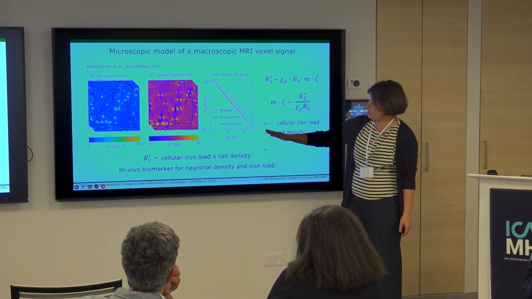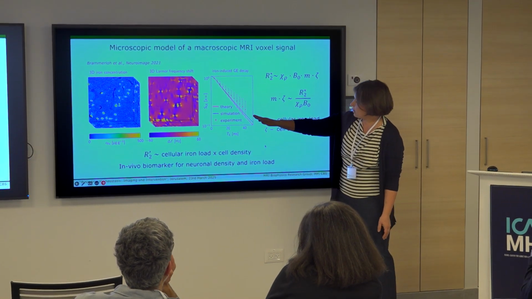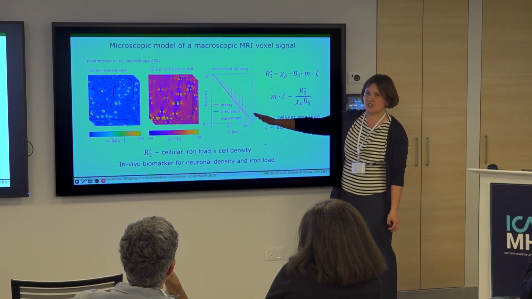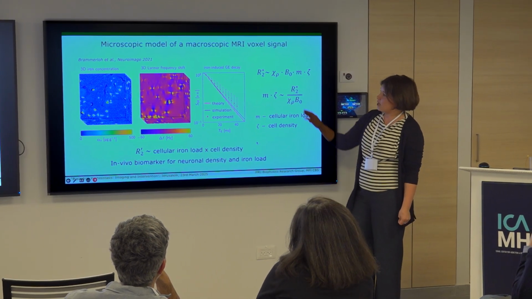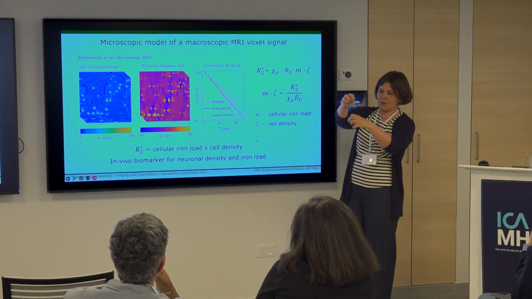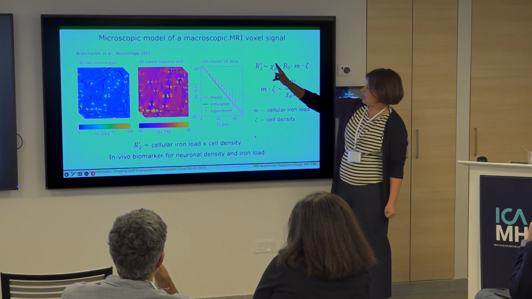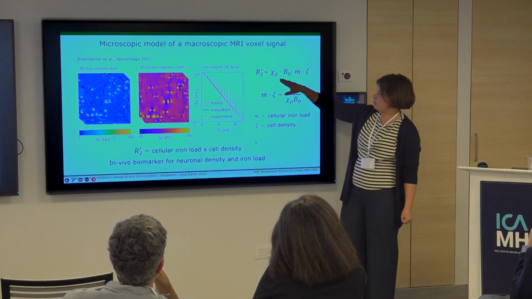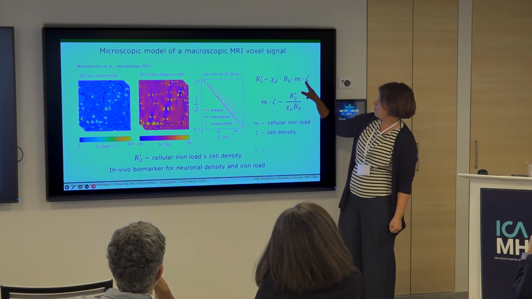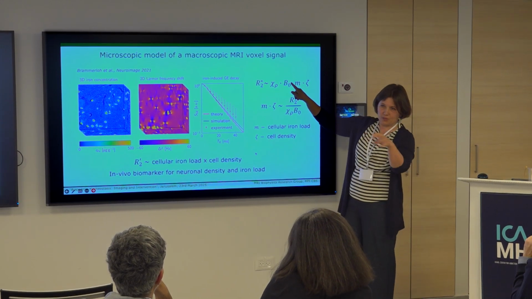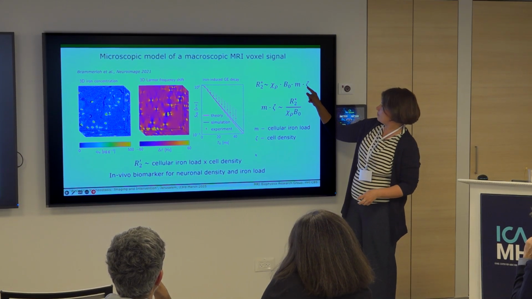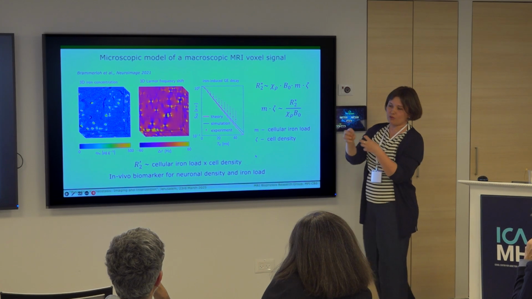We were using here one very specific model, suggested also for BOLD imaging by Dmitry Yablonsky in the 90s, who showed that in the case of many, many small perturbers, we can describe the relaxation rate as a product of the number of perturbers, the number of cells, multiplied by the amount of iron in each cell.